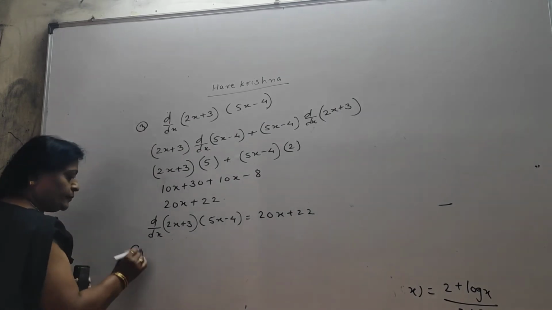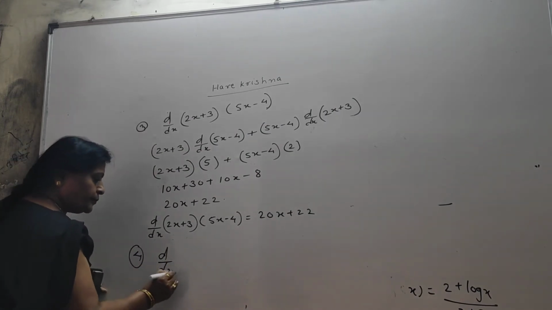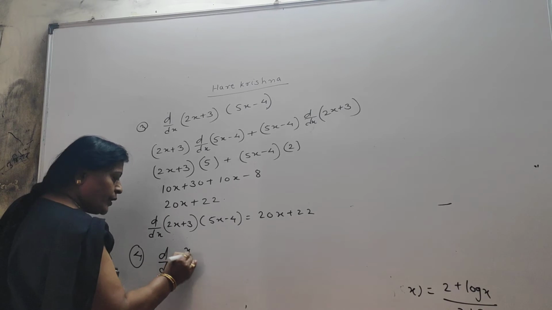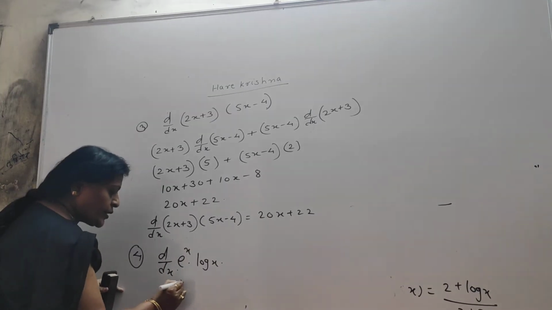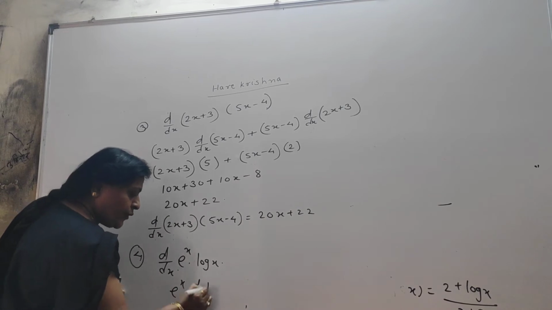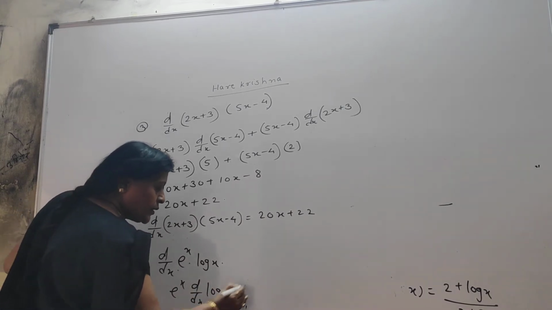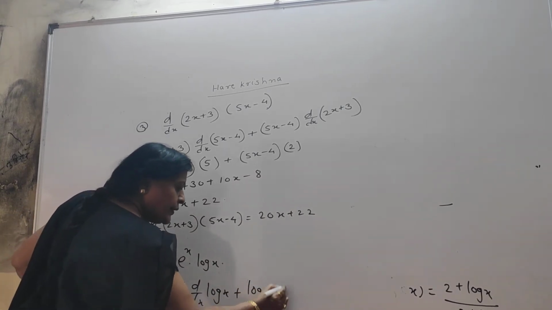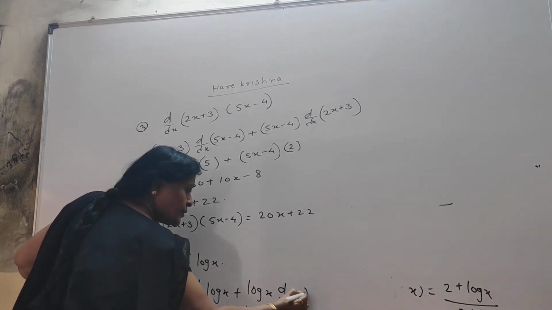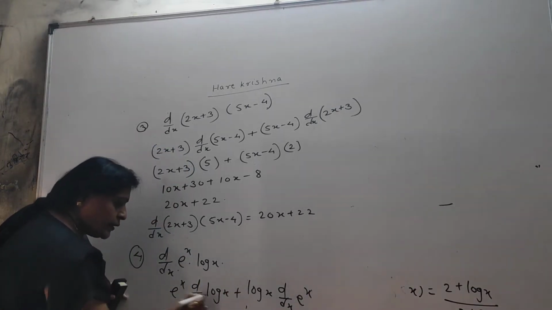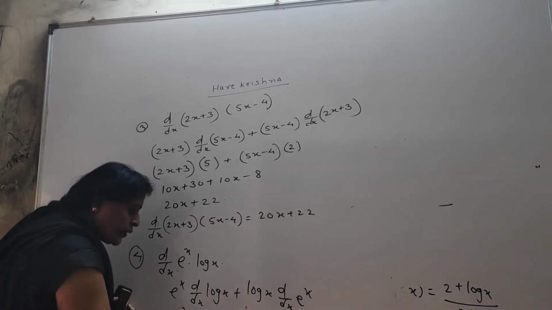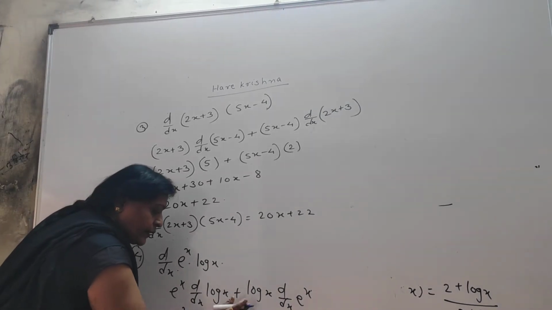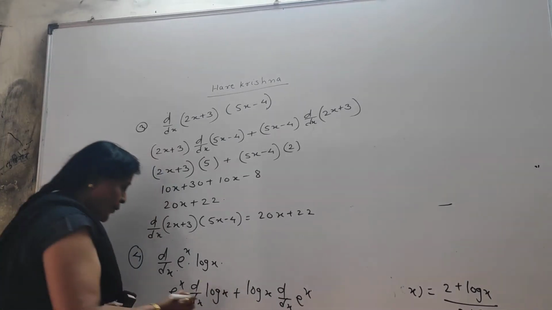Fourth example, d/dx of e raised to x into log x. Again, e raised to x remains as it is, d/dx of log x, plus log x remains as it is, d/dx of e raised to x. E raised to x, the derivative of log x is 1 by x, plus log x remains as it is, the derivative of e to the power x is e to the power x.